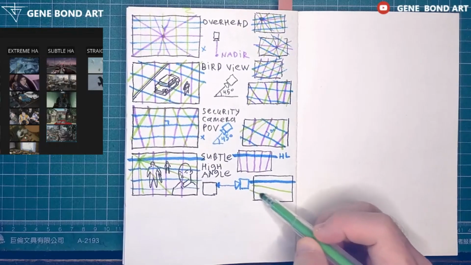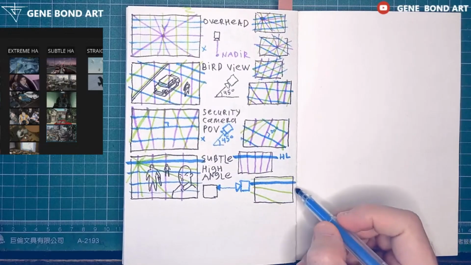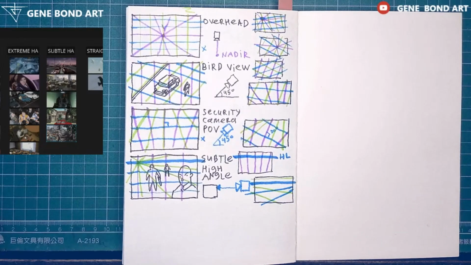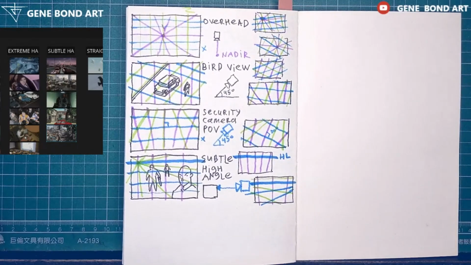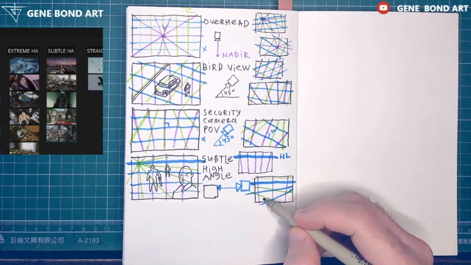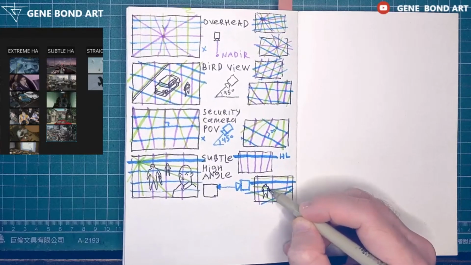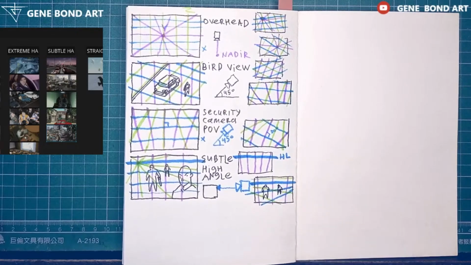So if we have Z and X like this. It still will be this type of angle because we have the horizon line very high and the main character or group of characters are below the horizon line.